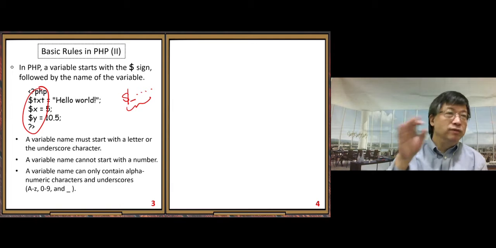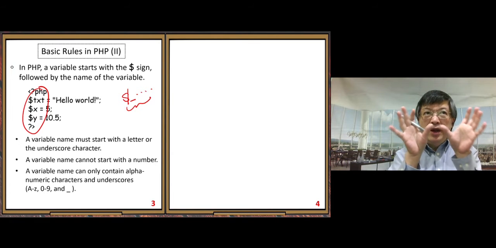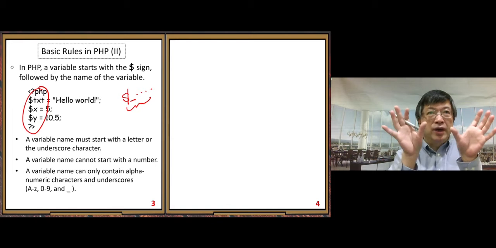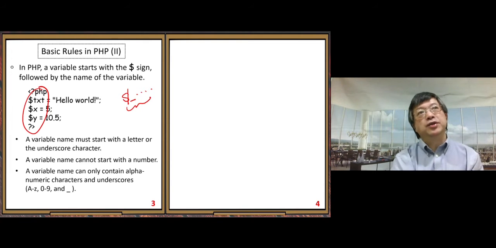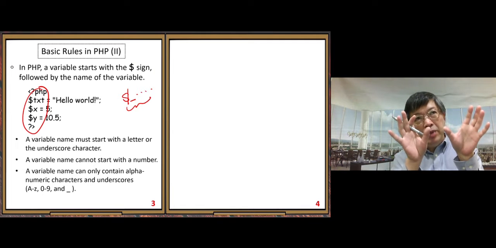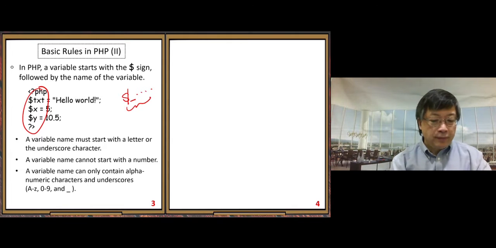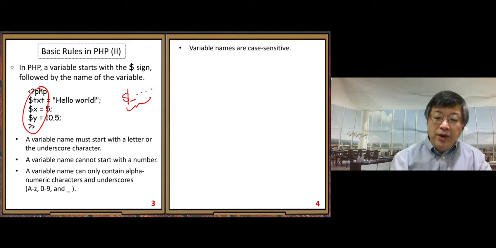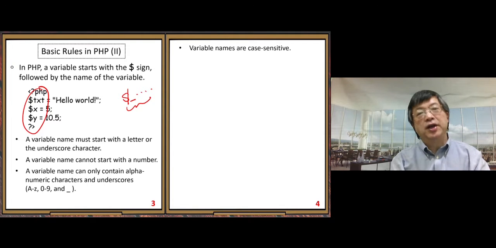But in the middle, we want to make the names more readable. So usually the underscore in the middle makes the readability of the names better. All right, variable names, so we know it, are case sensitive.